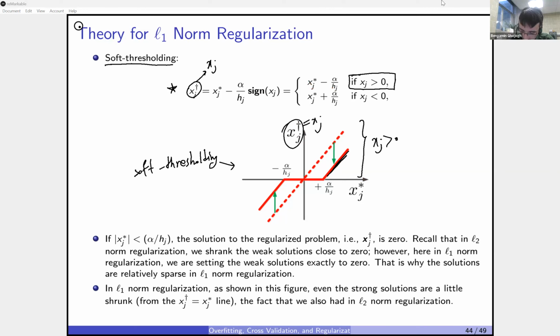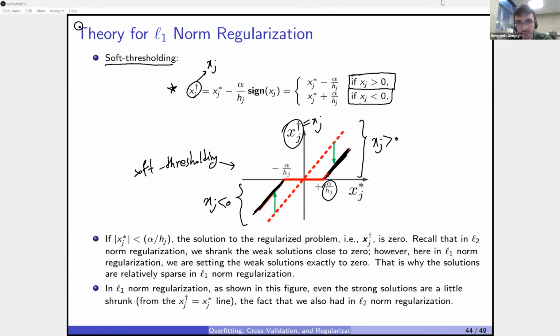This is exactly the line that I'm drawing, and this is the intercept, right? Now let's consider where xj is less than 0. It will be xj star plus alpha over hj, and this is exactly the line that I'm drawing.